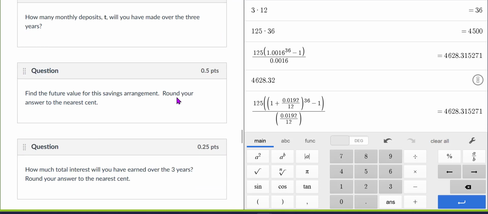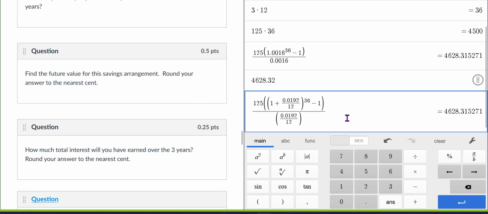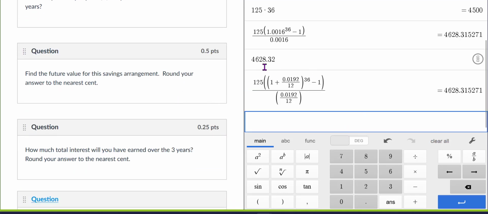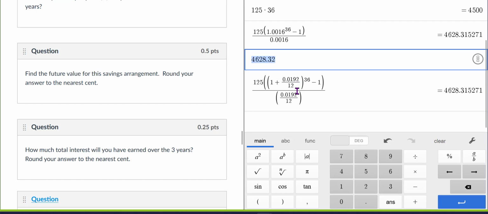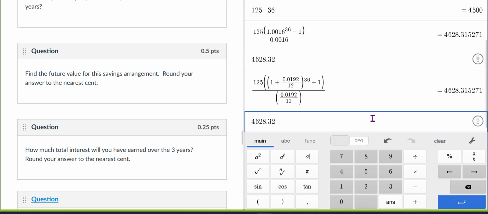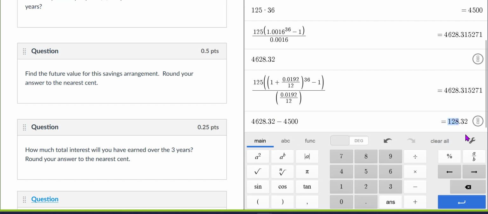Just a heads up on that. Basically, this is how much we would have. But again, if we just put it in a piggy bank, in other words, earn 0 interest, we would only have 4,500. So the difference is $128. That's the interest we earned. It's very small. It's only a little over $100, right? 128.32 is the answer there.